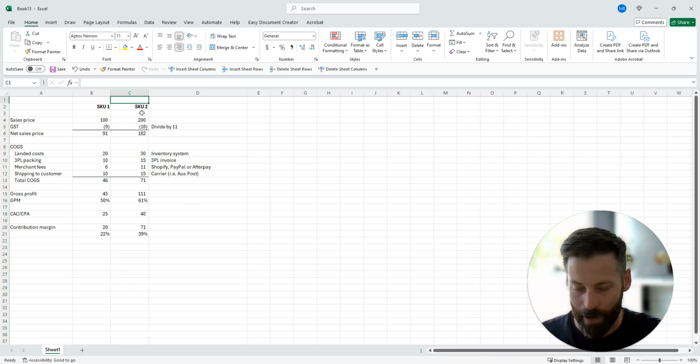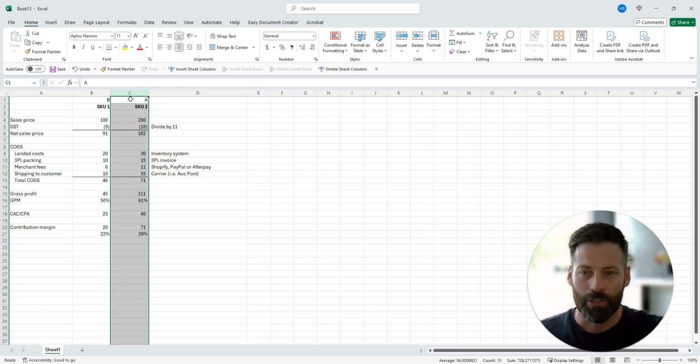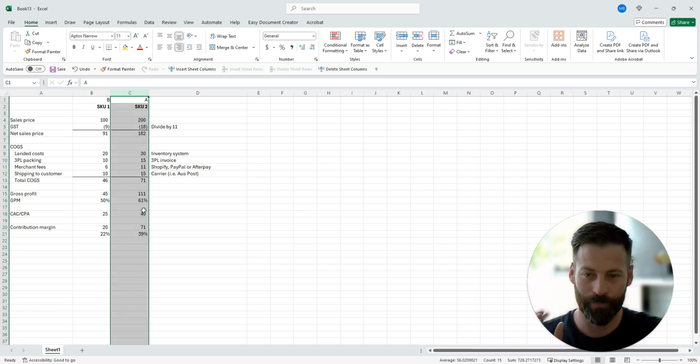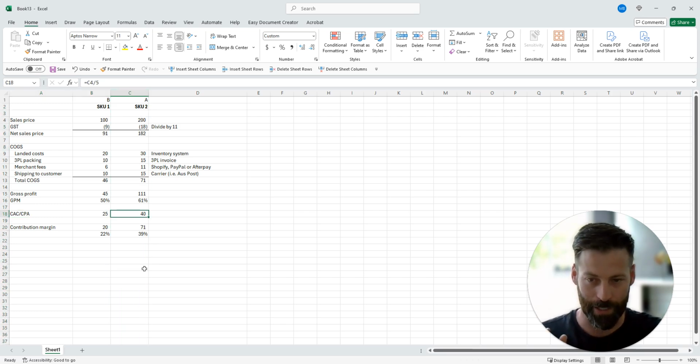This is like my A grade product and this is my B grade product. I should be putting all of my effort and my ad spend into acquiring customers to buy this product, assuming I can keep this customer acquisition cost there. Because every time someone buys this product, I'm going to make $51 more than if they bought this product.